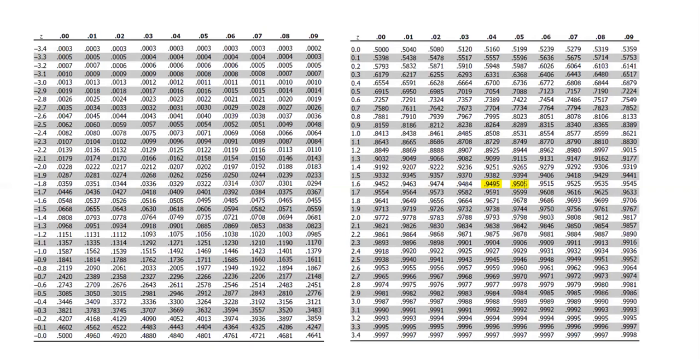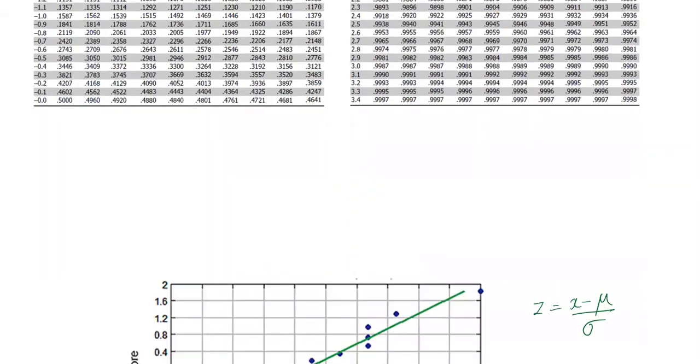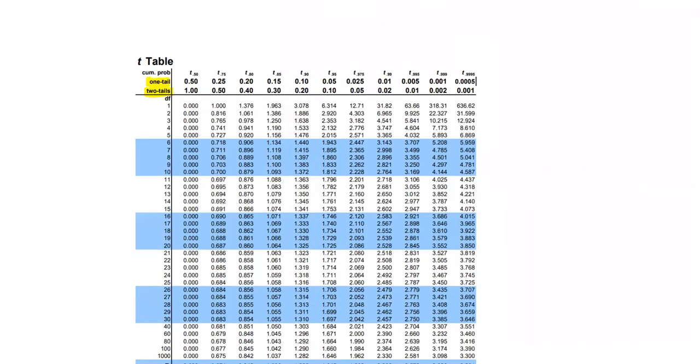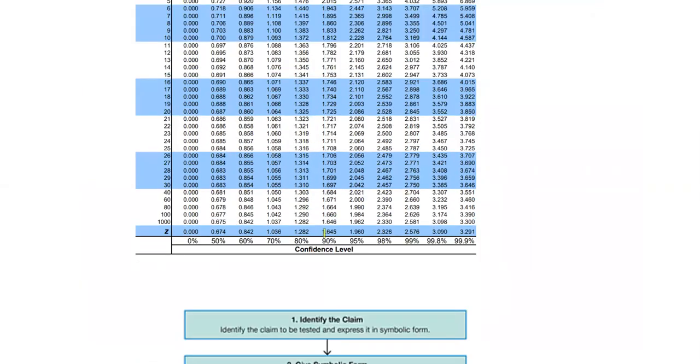So 0.9505 seems to be the closer one. So look at its corresponding z-score. It's 1.65. But if you use technology, or if you use a table, well, this is a t-table, but I'm just saying, if you use a table that has those values already, you can use the 1.645 value.